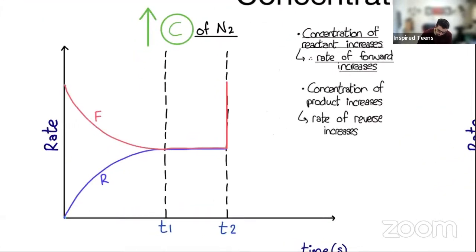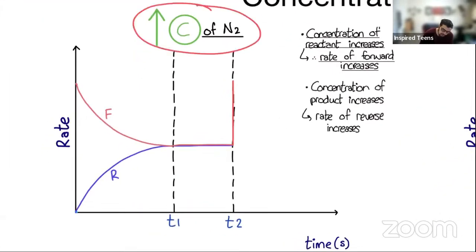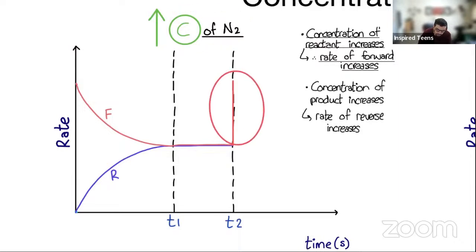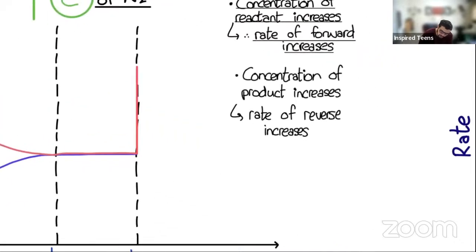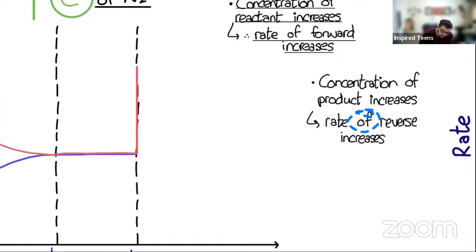Again, for an increase in concentration of N2, according to Le Chatelier's principle, the other side is favored. An increase in concentration of a reactant would favor the forward reaction. Since the forward reaction is favored, it is the only reaction that increases rapidly and immediately. Then they re-establish equilibrium.